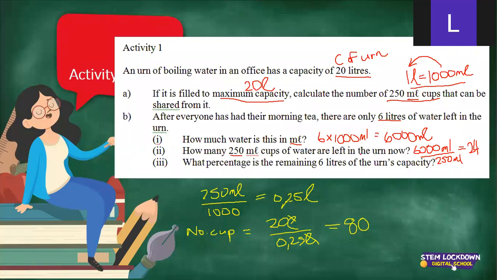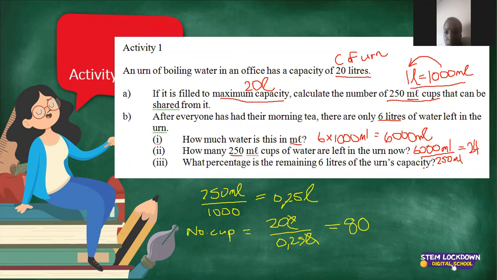Okay, last question. What percentage is the remaining 6 liters of the urn's capacity? This is also a nice question. For this one, learners, just give me a percentage. Don't show me how you got your answer.